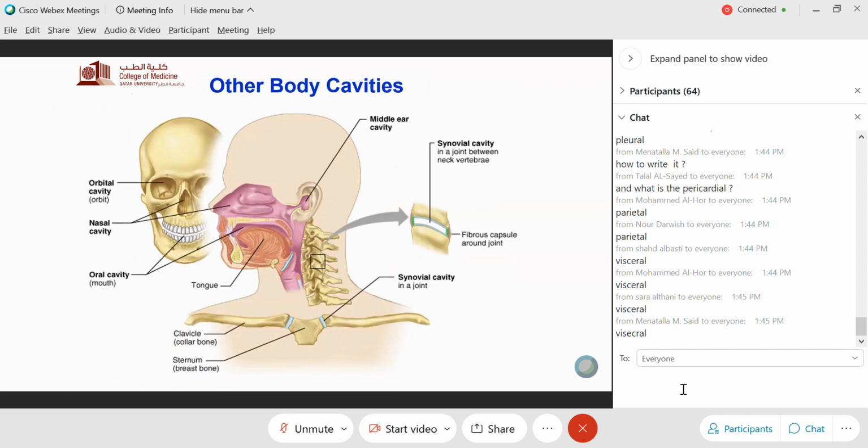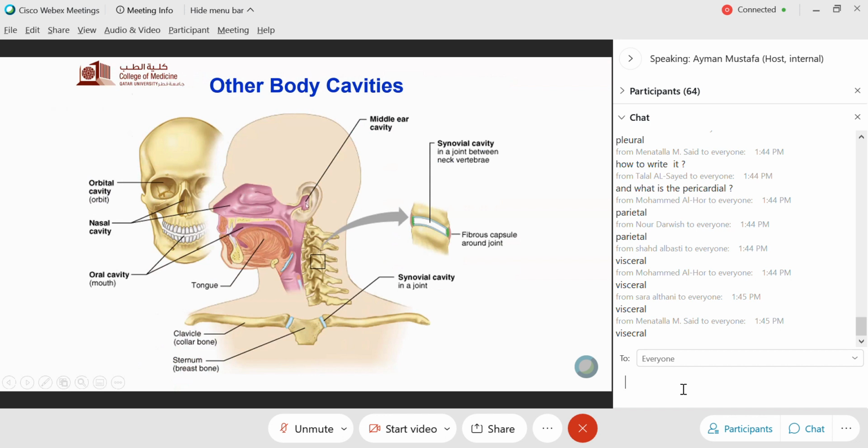More cavities to study in the body. The cavity of the eye we call orbital. The cavity of the nose we call nasal. You can see it here in the frontal section or coronal section. Sorry, this is a sagittal section. We can see the inner aspect of the nose, nasal cavity, and the inner aspect of your mouth, oral cavity.